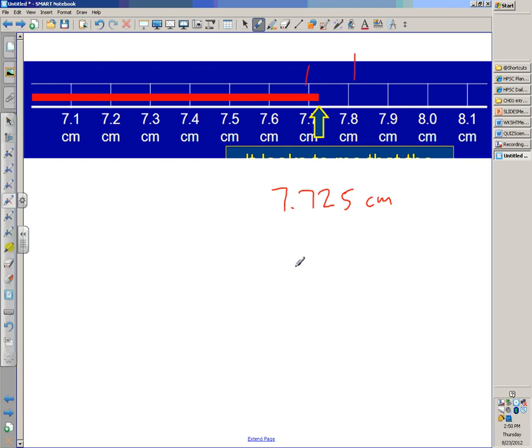But this measurement is not telling me it's a quarter of the way between 7.7 and 7.8. It's telling me it's halfway between 7.72 and 7.73. And that's a problem. Why? Do I know where 7.72 and 7.73 are? No. Okay? Good there? All right.